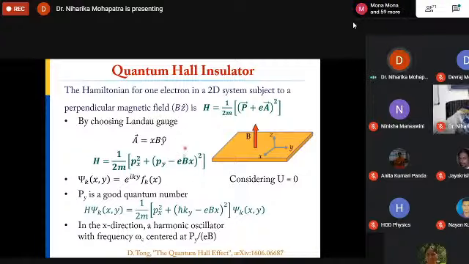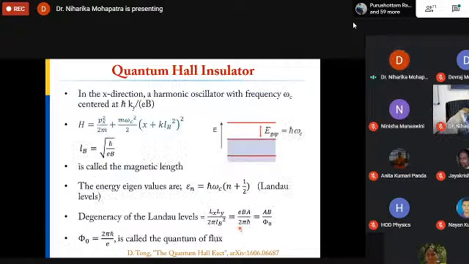So with a simple consideration, you can write the Hamiltonian. Then correspondingly, you can take the wave function and apply the method of separation of variables. By solving, you can see that along the y direction it is similar to the free electron model, whereas along the x direction it is like a harmonic oscillator. So you can modify it a little bit and write it in this form.